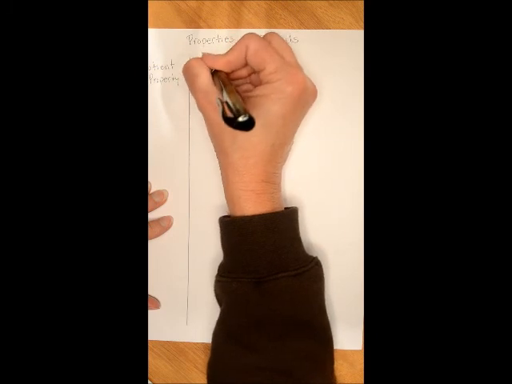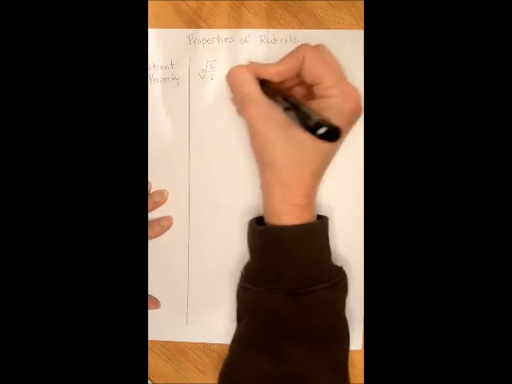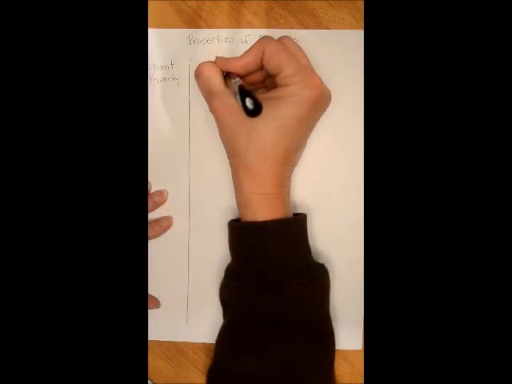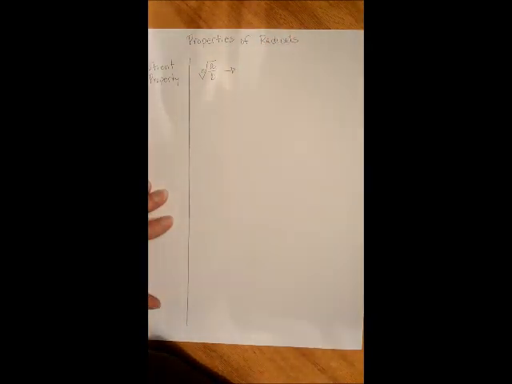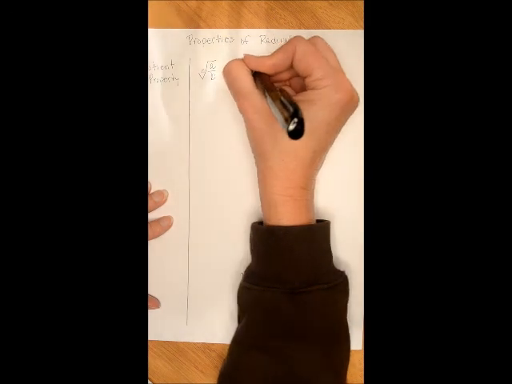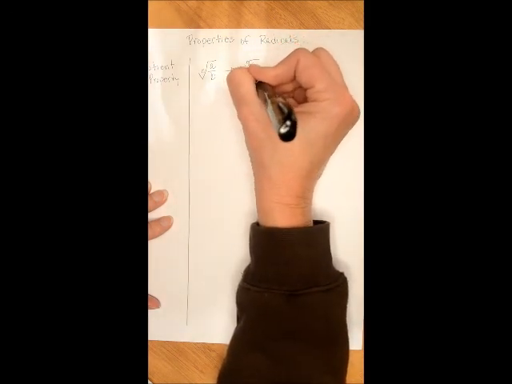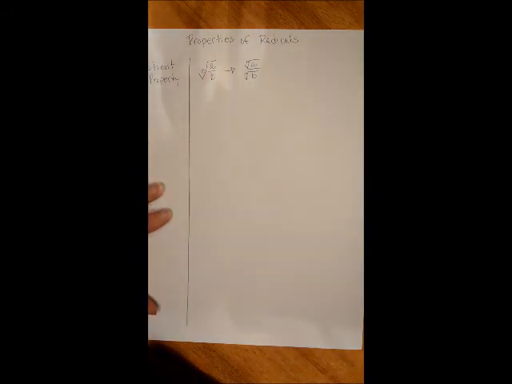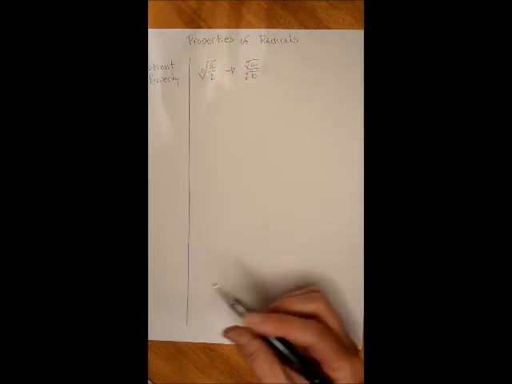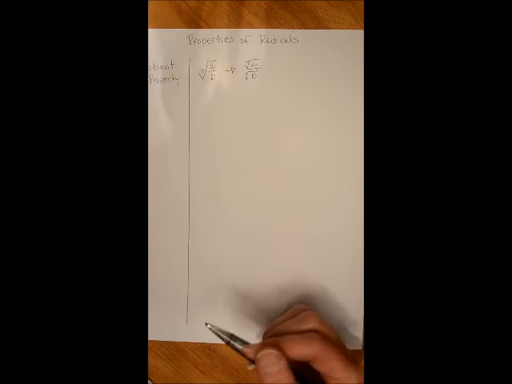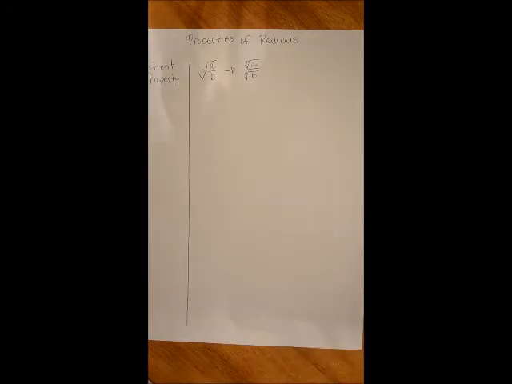The nth root of a over b, quotient meaning division, can be split up as the nth root of a over the nth root of b. Once I have them split up, I can go ahead and simplify them just like I did in my product property. So I can split them up just like that.